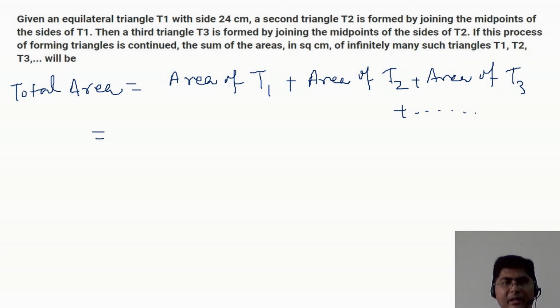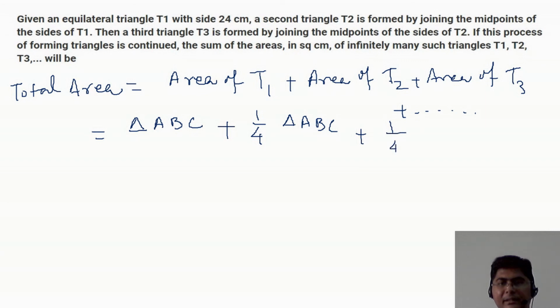Now area of T1 means area of ABC. Then area of T2 means 1/4 of area of ABC. Then area of T3 means 1/4 square into ABC, and so on.